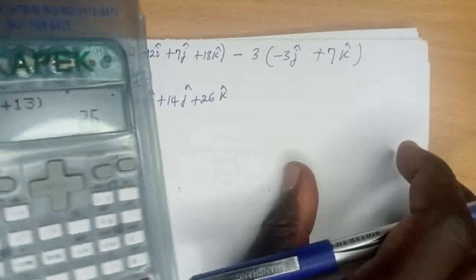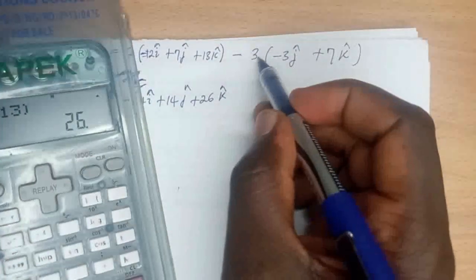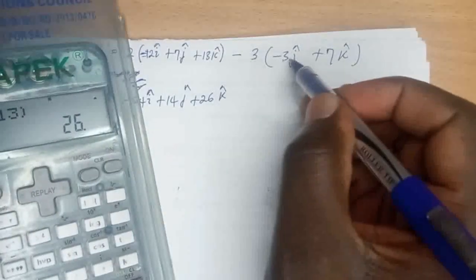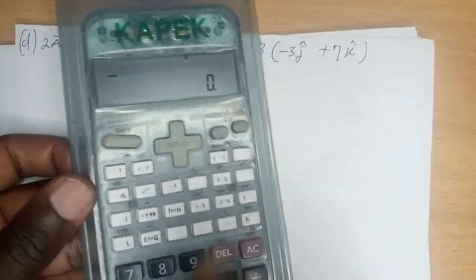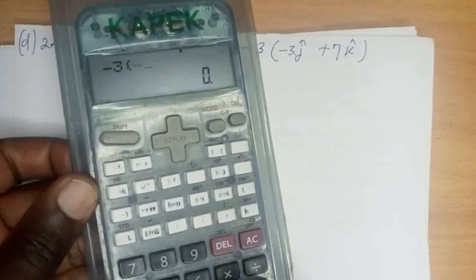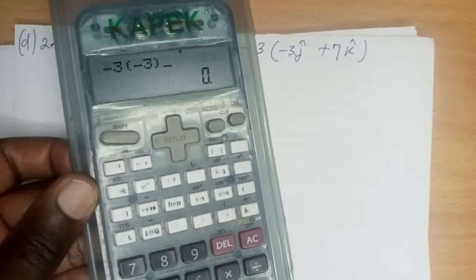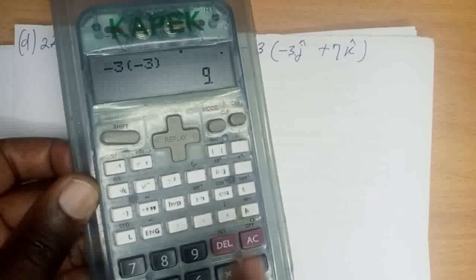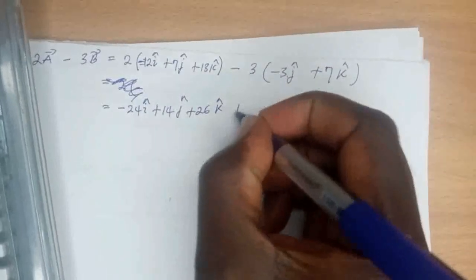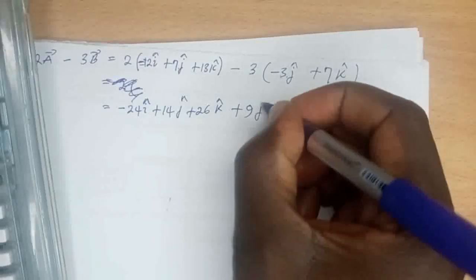Now this minus 3 will affect everything inside, so you press minus 3 here, then open bracket and say minus 3 for the minus 3 inside, close bracket, and press equality sign. You get 9, and this 9 is positive, so what you have here is plus 9 J cap.